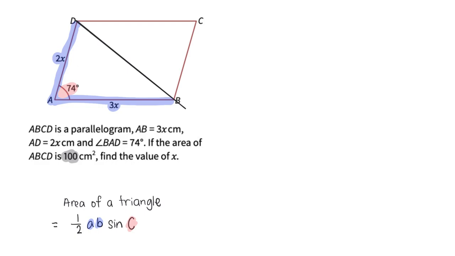So by applying the formula directly, this is what you will get. I will have half times 2x times 3x times the sine of 74 degrees. And this is one triangle. How many are there? I have one here, and then we'll have another here. So it is 2, so I times 2.